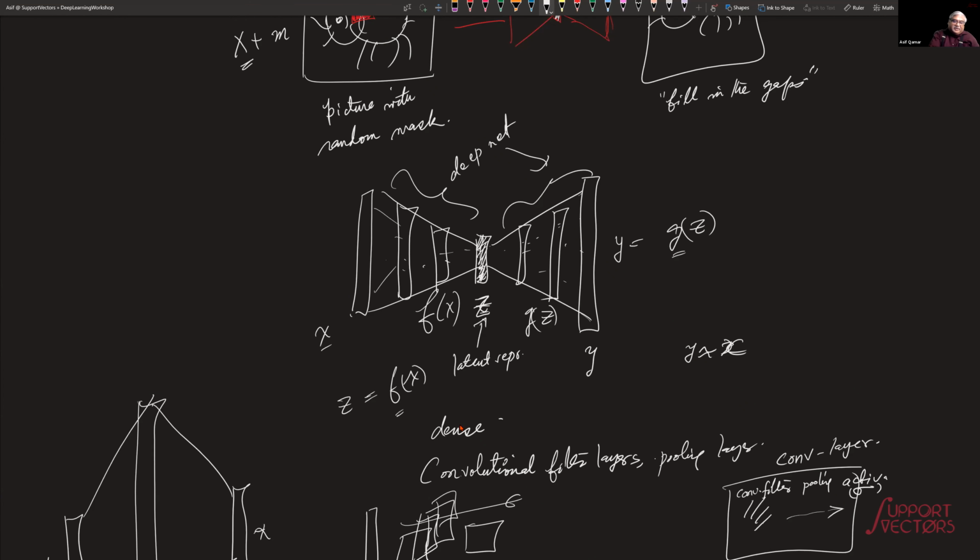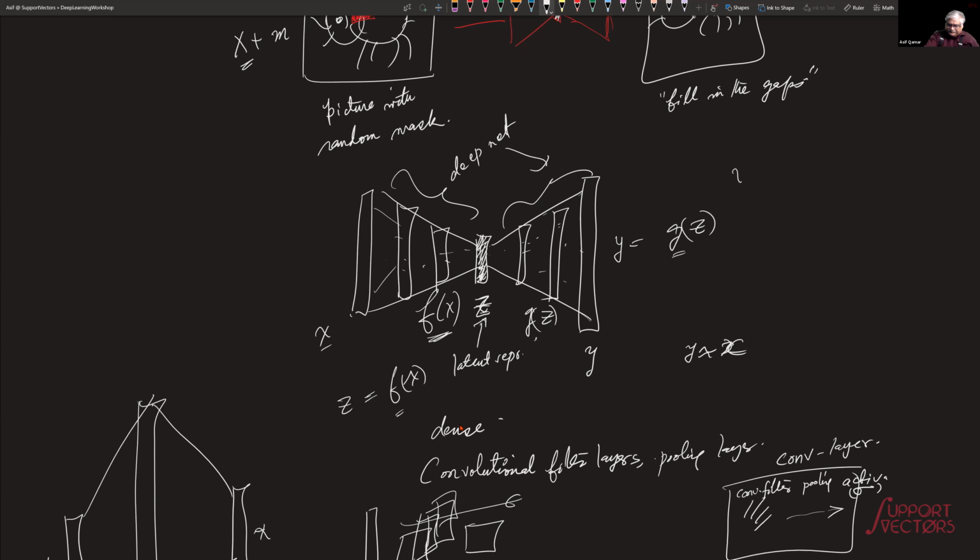And if you remember, a neural network is nothing but a function. At the end of the day, it is a function approximator. So you can still think of your deep layers before the latent layer as some function f, and you think of g as another function that takes the latent representation and produces the output.